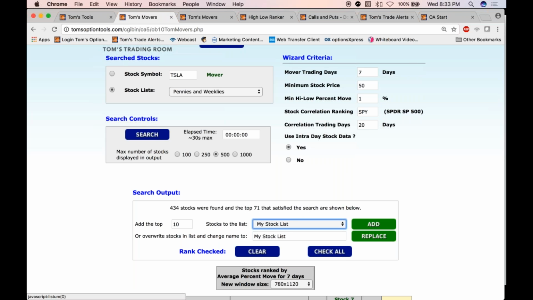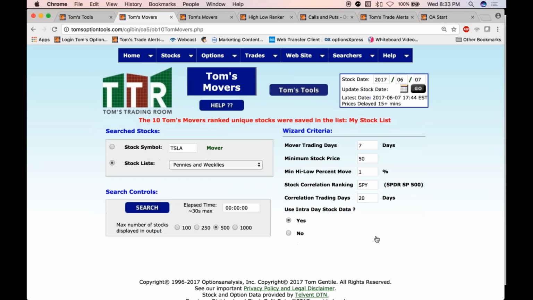I actually don't want to add to it. I want to replace it. So now I'm only looking at 10 stocks in my stock list. You know what I could do with that? And once you get familiar, it's kind of like riding a bike again, all right? It's why I refounded Optionetics. I want to refine you. I want you to refine the education that 99% of the public doesn't even do, all right?